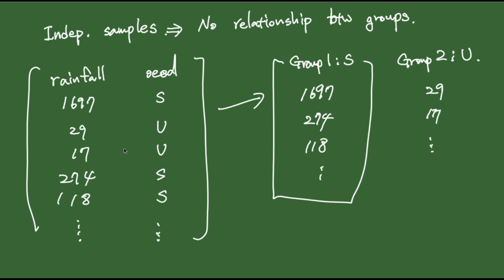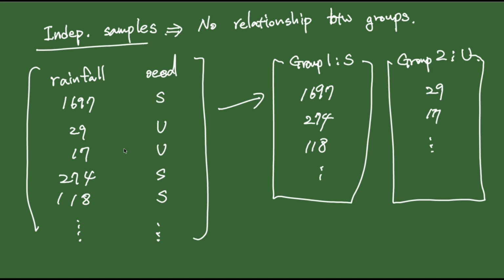So we have two samples from two different groups, and since they are independent samples, we don't have any relationship between them. Let's think about the information we can get from these two samples. x1 bar is the average of group 1, and x2 bar is the sample mean of group 2.